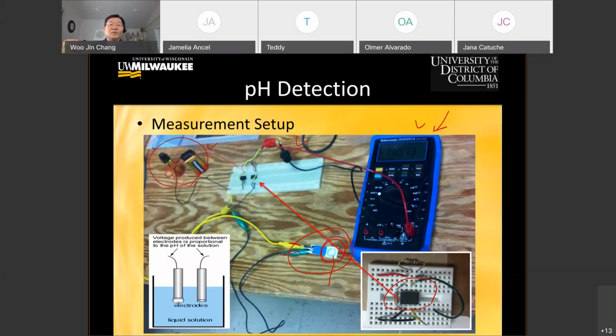We wanted this because when we need to measure pH, we would need to dip this sensor inside the water. But by using this, we can just drop a couple of drops of the sample, and then we can do the measurement.